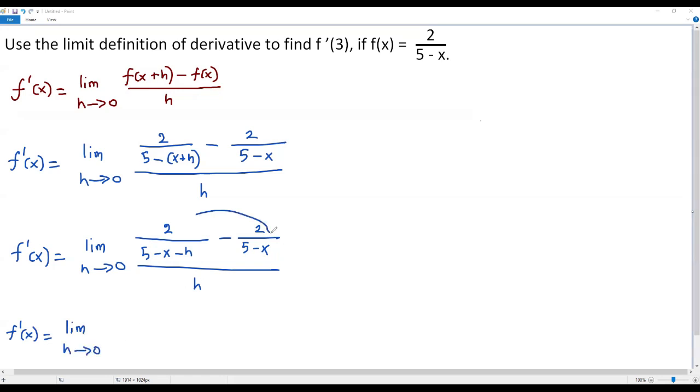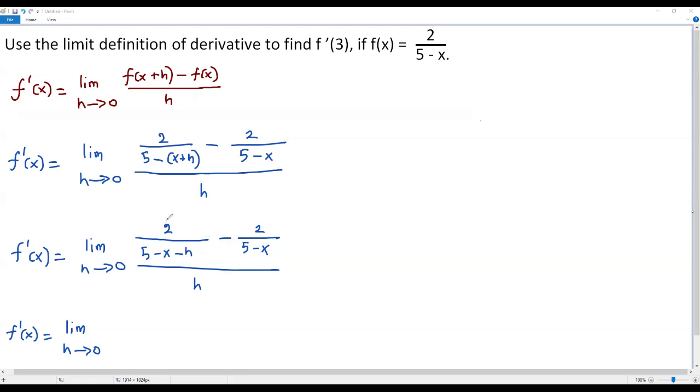To simplify the subtraction of two fractions, we have to get the common denominator, but here the denominators contain variables. So whenever I want to subtract two fractions that don't have the same denominator and the denominators contain variables, I have to do cross multiplication.